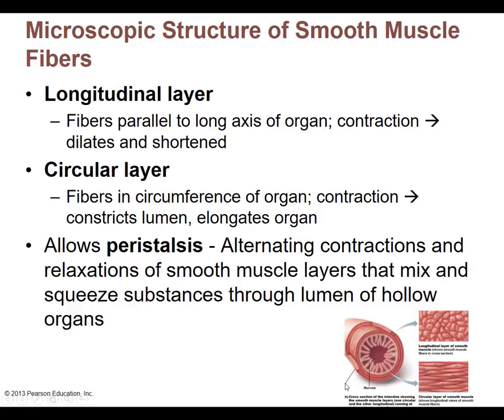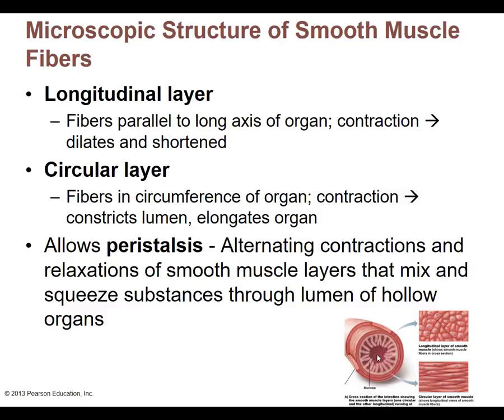The circular layer, this inside layer that goes around that cavity, so it's the circumference of the organ, when it contracts, it constricts or makes this opening in the middle smaller, which then stretches or elongates the organ.